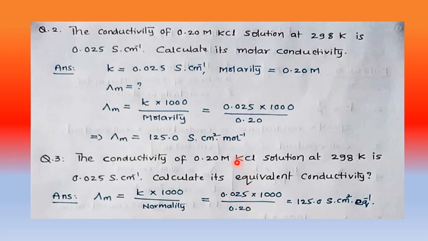K plus and Cl minus, the charge is only 1 in magnitude. So normality equal to the molarity. Here molarity 0.20 multiplied by 1, so normality equal to 0.20. The answer is 125.0 Siemens centimeter square equivalent inverse.